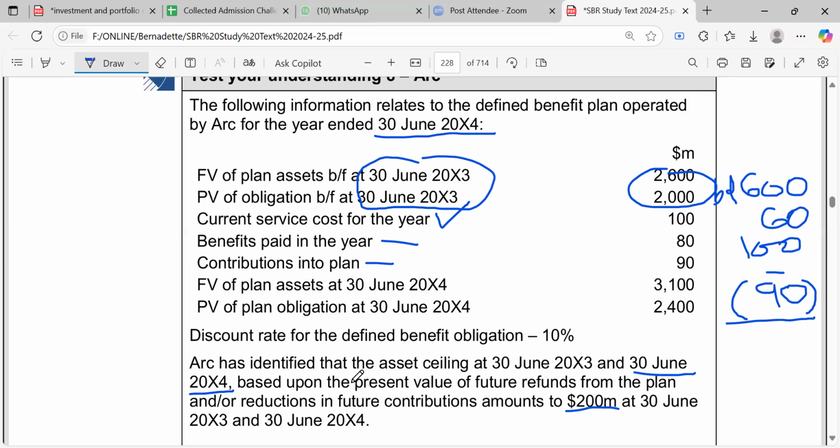Like I told you, we already have the asset ceiling, right? What is the asset ceiling? It is 200 million, right? So if you take the difference, what do you get here? We have plan assets and liabilities.